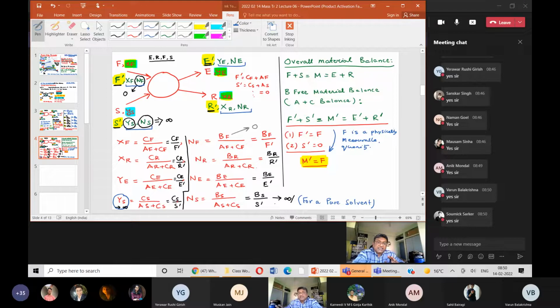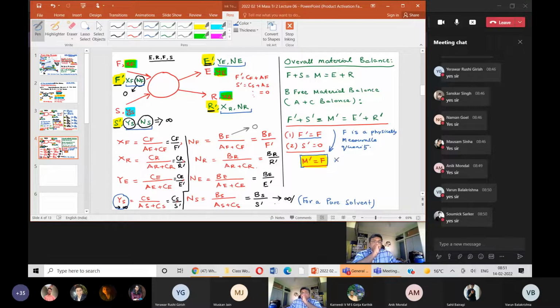However, with the help of your understanding, you can now correlate M dash, which is otherwise not a measurable quantity, to something measurable.